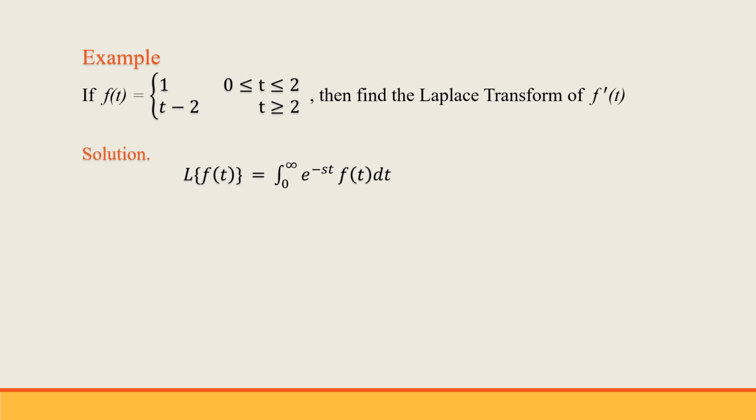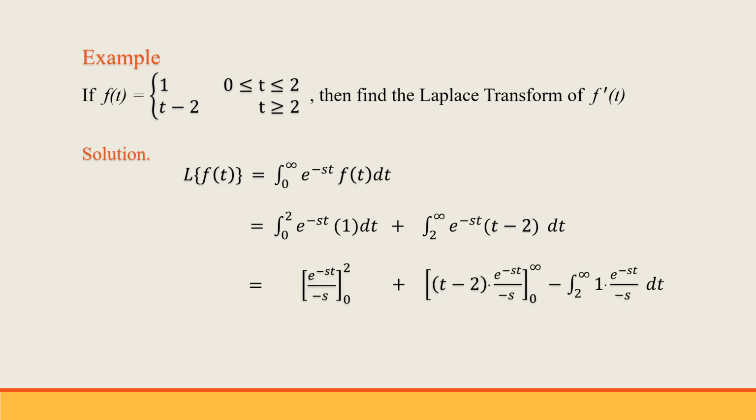So we can write it as the integral from 0 to 2 of e raised to the power minus st into 1 dt plus the integral from 2 to infinity of e raised to the power minus st into t minus 2 dt. Just solve the integration and apply the limits.